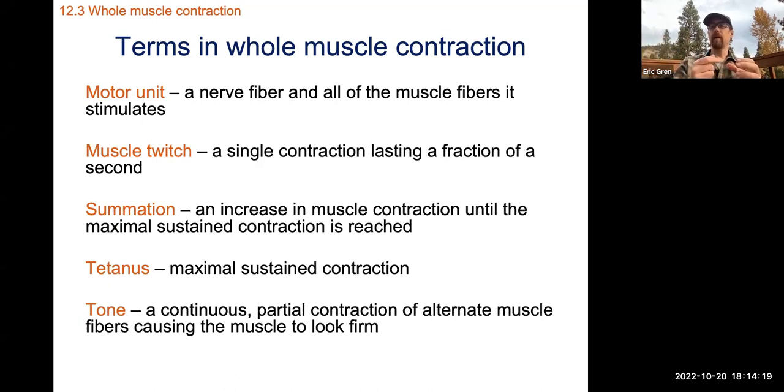If we send a second nerve impulse right away, one after another, we can cause those muscle twitches to add up. If you add multiple twitches together in rapid succession, what you end up with is summation. Summation is a more extended muscle contraction. It's not just a fraction of a second.